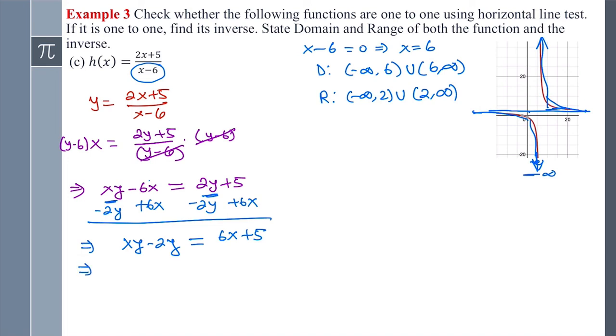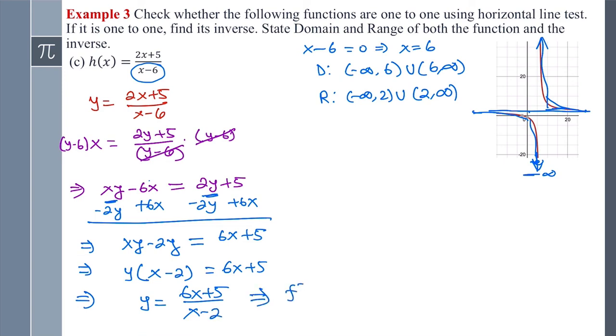Now we are trying to solve for y, so we cannot subtract these because they are not like terms. So we factor out y, and we have y times x minus 2 equals 6x plus 5. Then if we divide by x minus 2, we get y equals 6x plus 5 over x minus 2. That means the inverse function is 6x plus 5 over x minus 2.